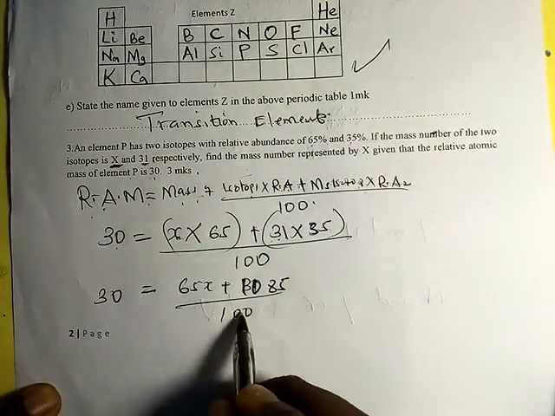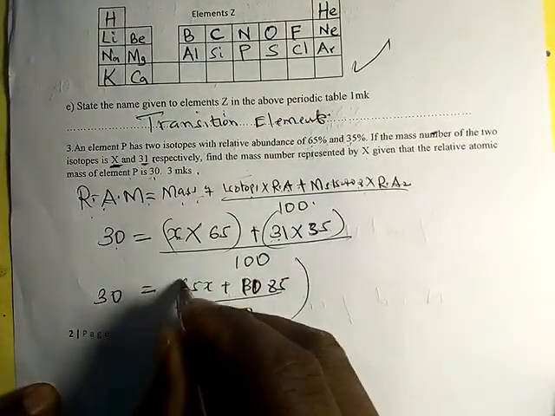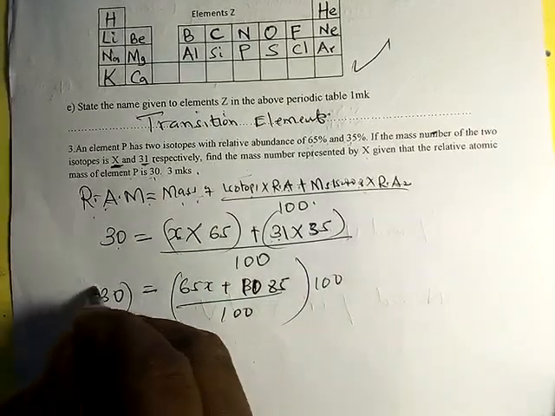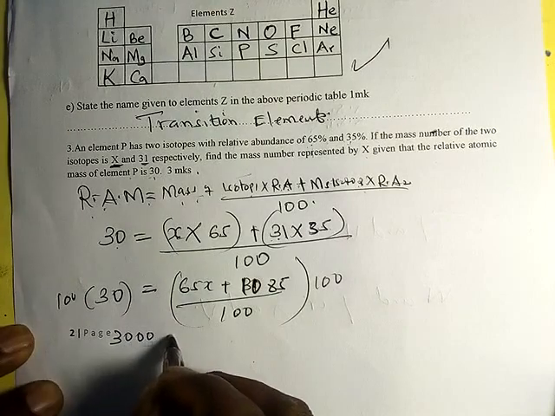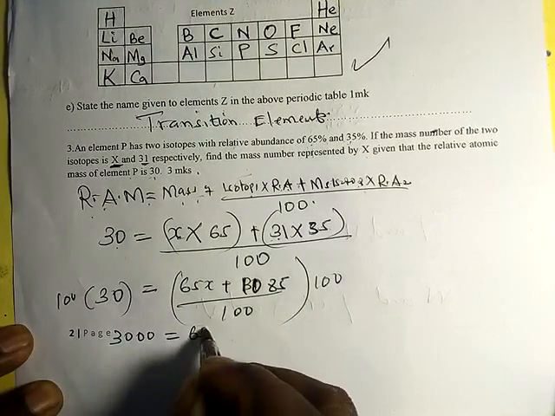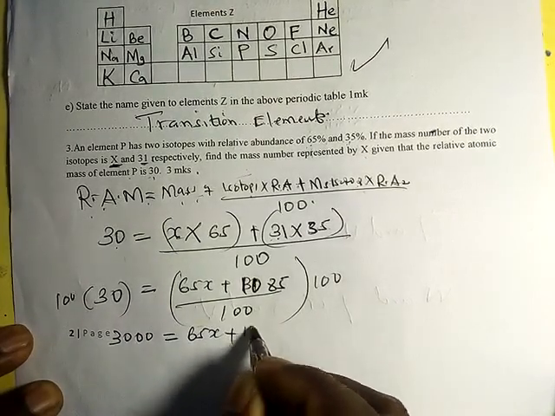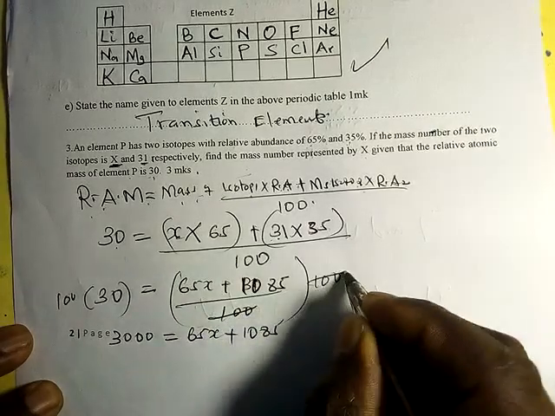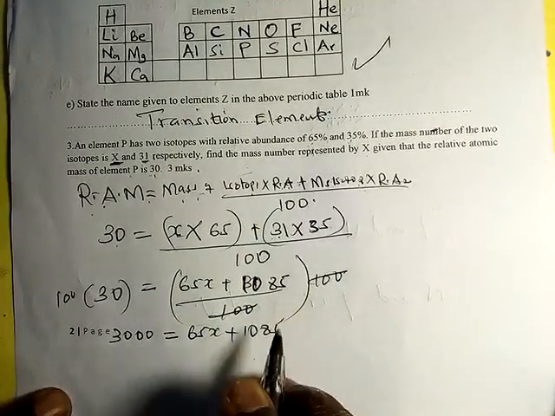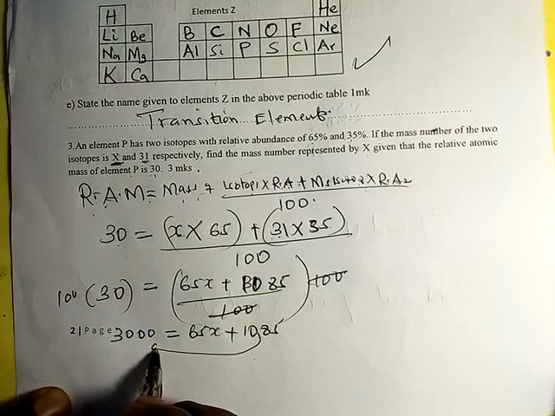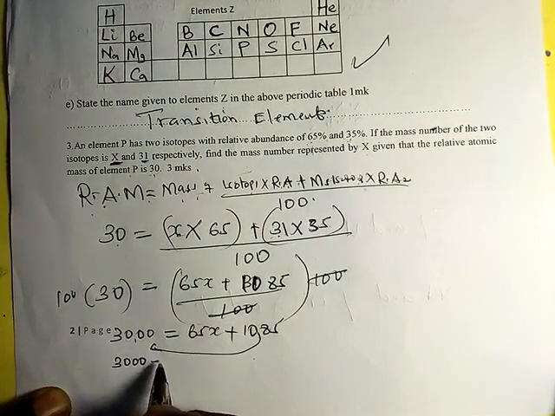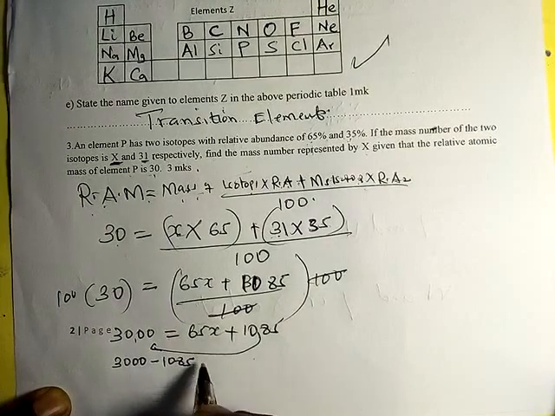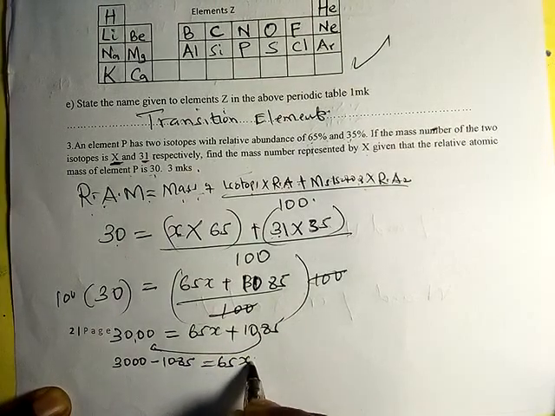Now we can remove the denominator by multiplying by 100 both sides. So we will have 3000 equal to 65x plus 1085, and the 100s will cancel out. Now we put like terms together: we subtract 3000 minus 1085, equal to 65x.